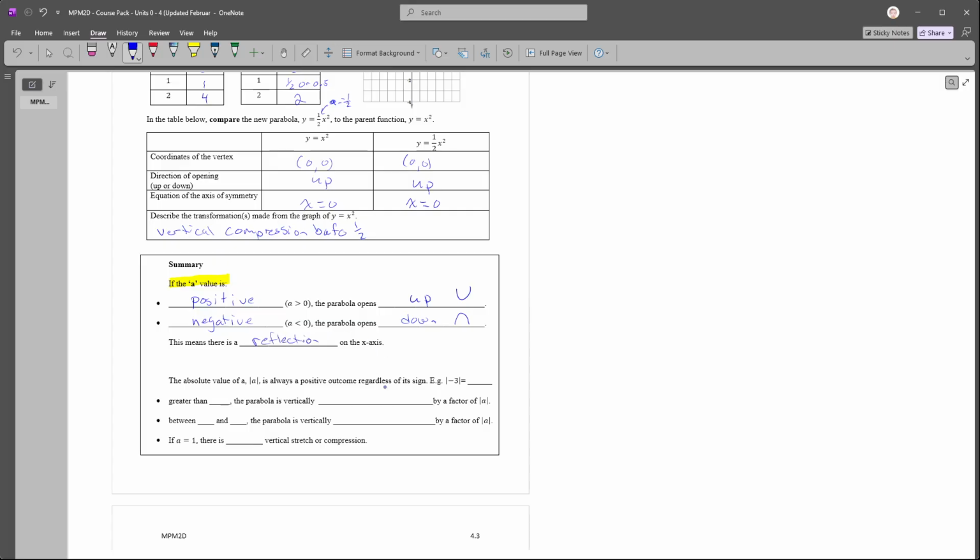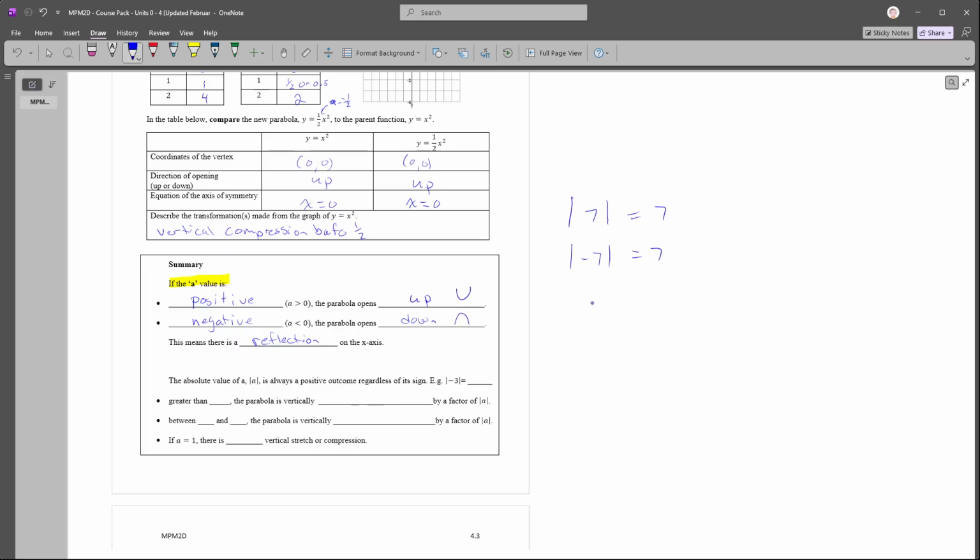Now you've probably seen the term absolute value before. If I have the absolute value of, let's say, 7, then the result is just 7. If I have the absolute value of negative 7, it is still just 7. It always gives us the positive value. Absolute value means the magnitude, the scale of our value.